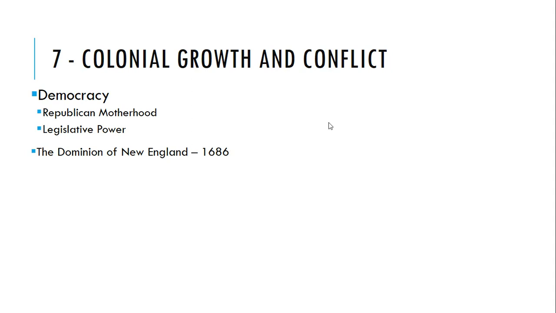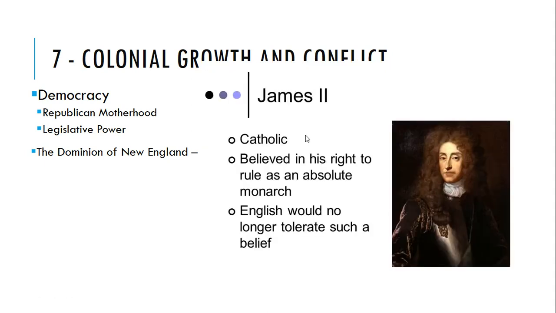England made a couple attempts to reestablish more direct control over colonial government. For example, the Dominion of New England was an attempt by King James to exert more power over New England specifically and New York. This was, of course, after a number of incidents like King Philip's War, Bacon's Rebellion, and in the midst of some of the witch trials.